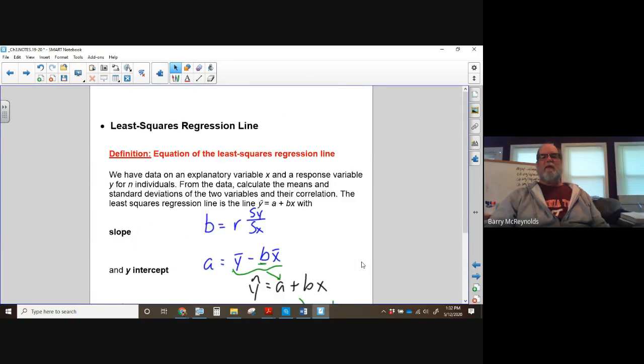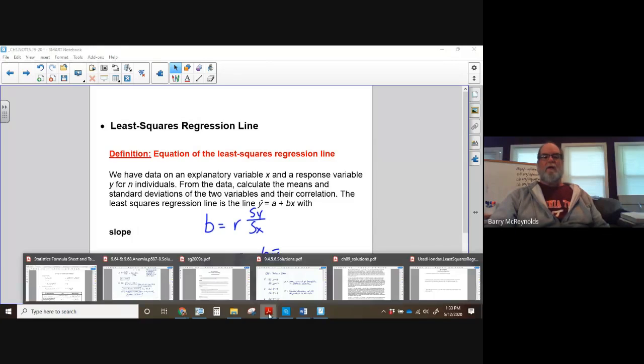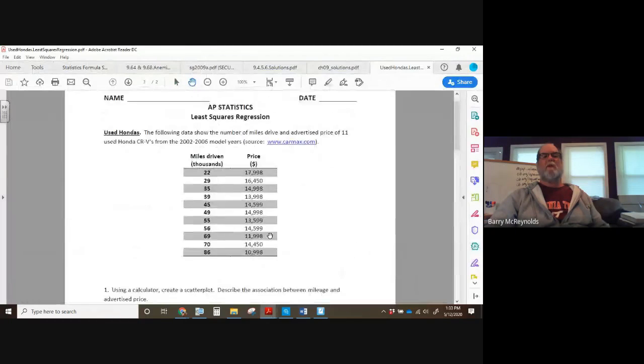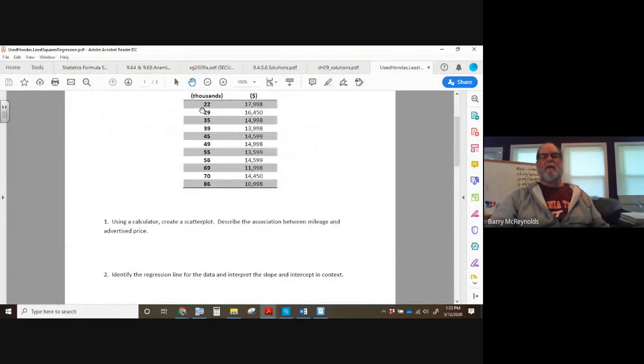Okay, yesterday we talked about calculating, in our data on the used Hondas, an X bar and an SX for this set of data, and a Y bar and an SY for this set of data.